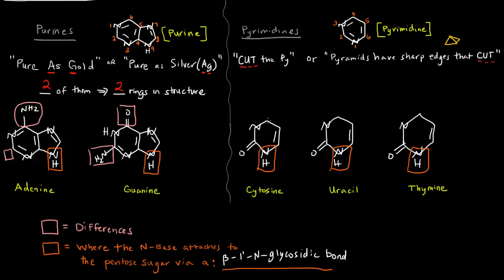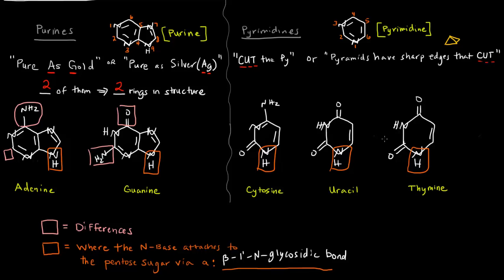Now, the difference is that cytosine has an amino group up here, whereas uracil and thymine both have carbonyl groups. Now, because of that, cytosine can have a double bond here, so that this nitrogen does not have H's, but these 2 nitrogens do have H's attached because they can't double bond.